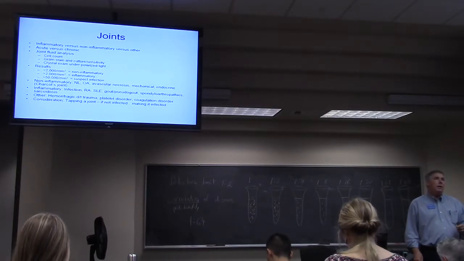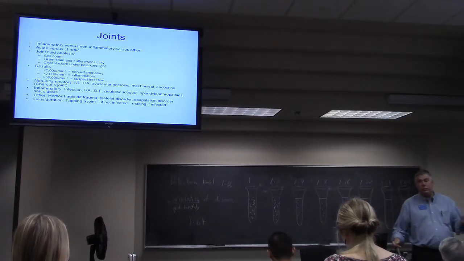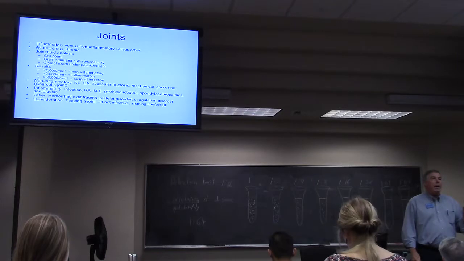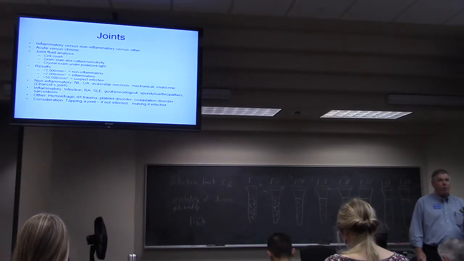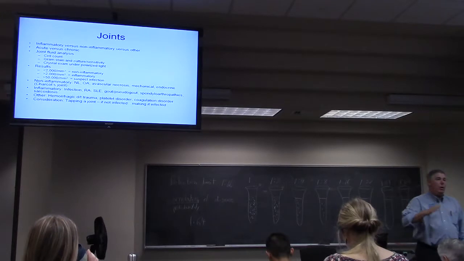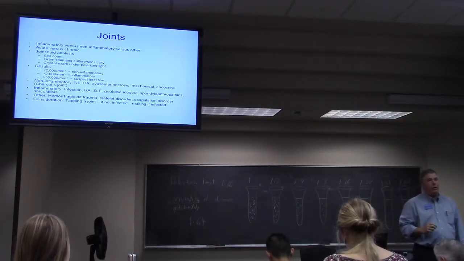If we focus on joints to start with, you need to divide a joint problem into 4 different categories. One, is it inflammatory? Does it have an inflammatory cause or a non-inflammatory cause?